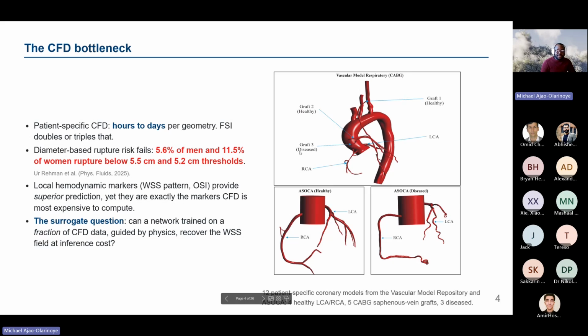Now, there are various markers that we can use to determine what the threshold is, how large a vessel is, and so on and so forth. Most of the markers that we tend to use are the OSI markers or the wall shear stress patterns. Specifically, I'm going to be focusing mostly on the wall shear stress patterns, looking at the velocity and sometimes the pressure outcome of it.